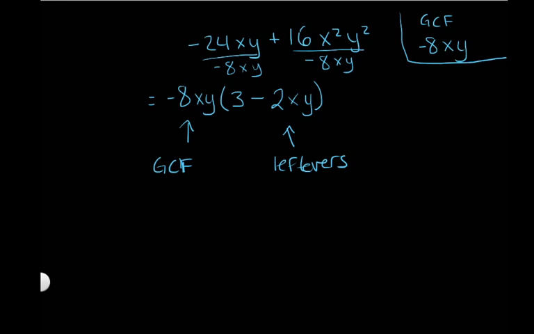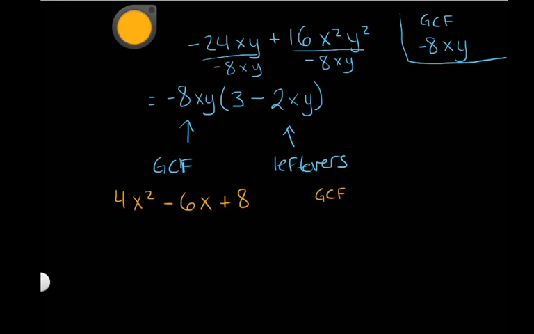So let's see. If our question has 4x squared minus 6x plus 8. Again, we need to find the greatest common factor between 4, 6, and 8. So the biggest number that goes into 4, 6, and 8.